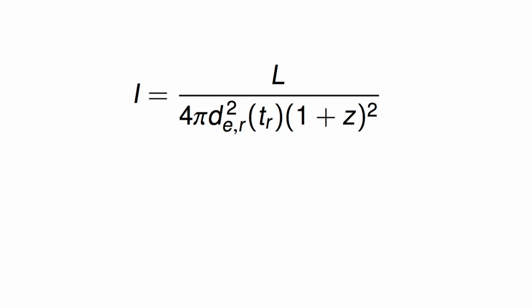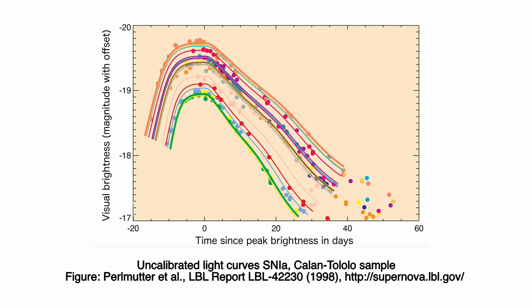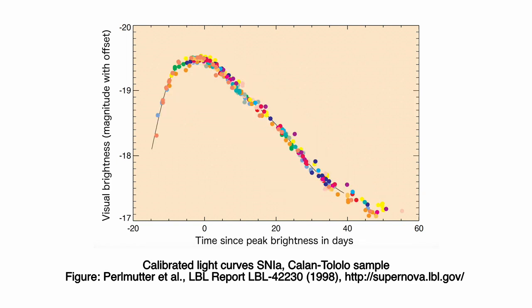The second example we've already seen in the very beginning. It's the supernovae of type 1a, stellar explosions of a certain kind. These are almost all equally bright, so L is fairly constant in that case, and there is a refined formula where you can see how after this very bright peak brightness, if you determine the time scale on which the brightness of the supernova dims, then you can deduce the peak brightness and thus the luminosity even more precisely, and that is a very precise way of determining luminosity and hence of determining distances to these distant supernovae.